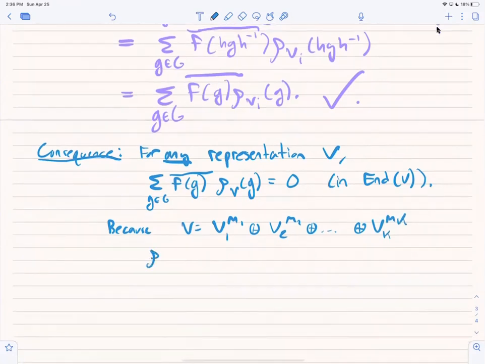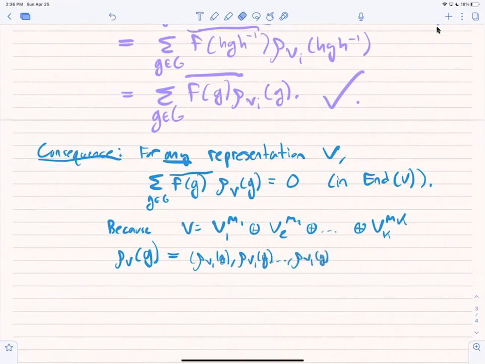Then rho sub V of g, if I write it in these coordinates, we'll get M1 copies of rho V1 of g acting on the first part, then M2 copies of rho V2 of g, and so on.